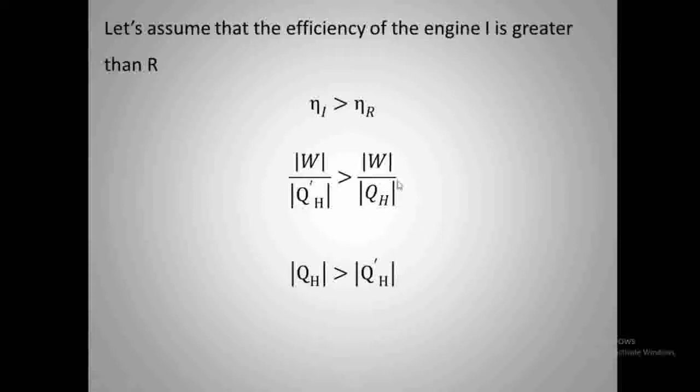Here the denominator QH is more than Q dash H, because the numerator is the same. If this quantity is greater than that quantity, then this denominator should be less than the other denominator. So QH is greater than Q dash H, or Q dash H is less than QH.